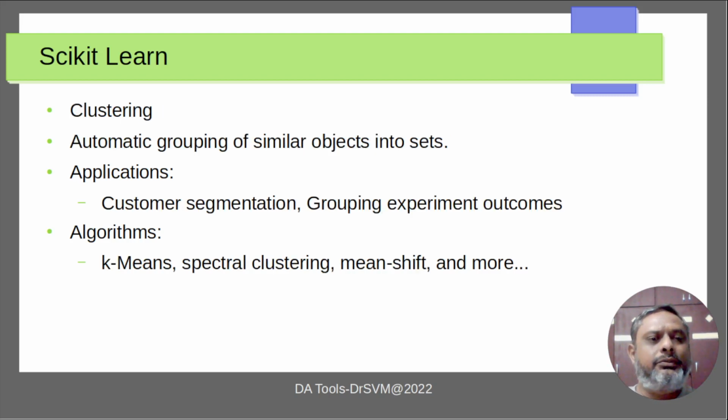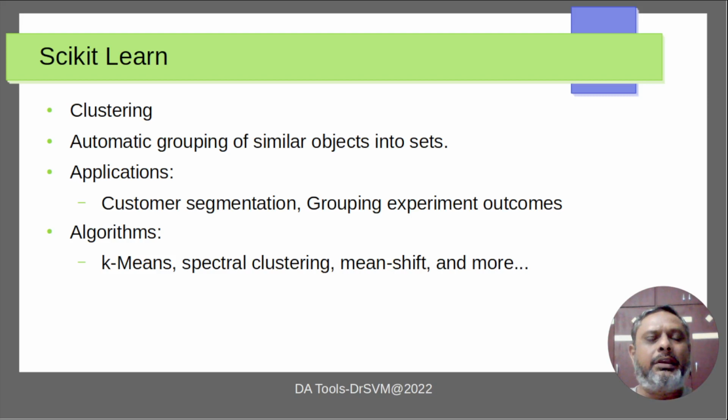So the previous two examples were for supervised learning where output was known, but now there is a situation where only inputs are available, but we don't know what the outputs are. When that's the situation, then we are dealing with learning which is called unsupervised learning.